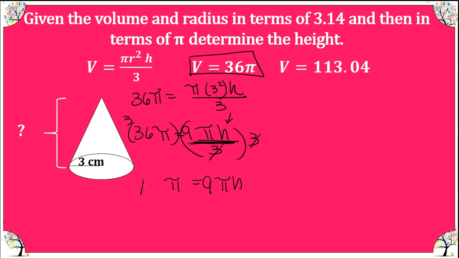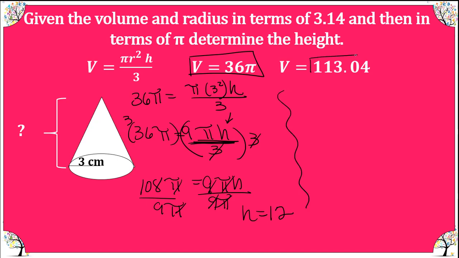You get 108 pi. Divide each side by 9 pi. And 108 divided by 9 is 12. The height of this cone is 12.